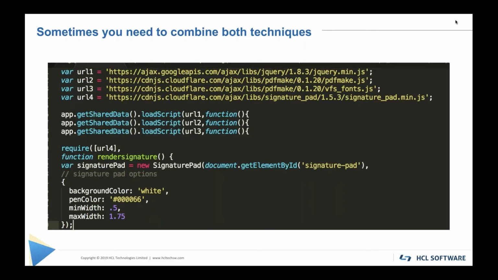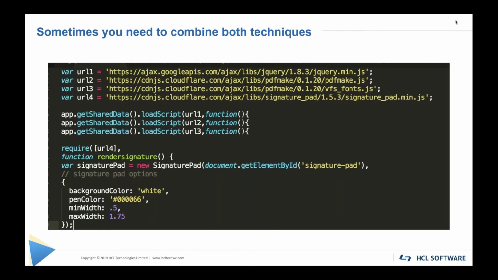So far, everything's been logical. At times when I'm doing JavaScript library integration, sometimes I wonder if it's part art as well as science. Here I've got a scenario where I have to use the require method in addition to the others.